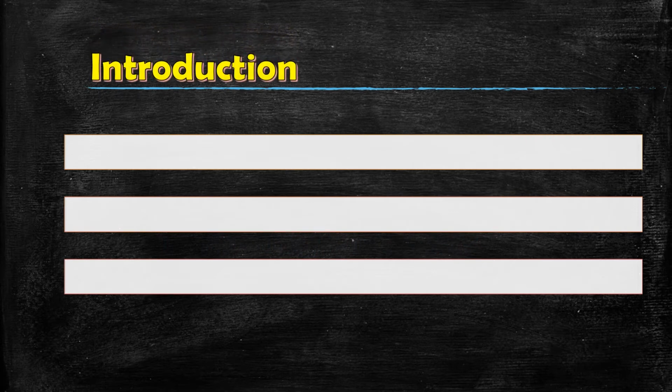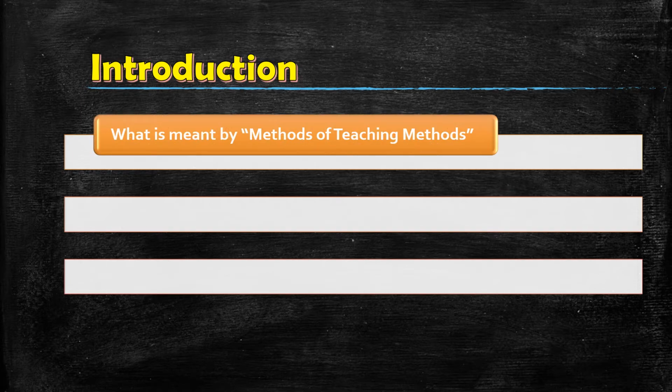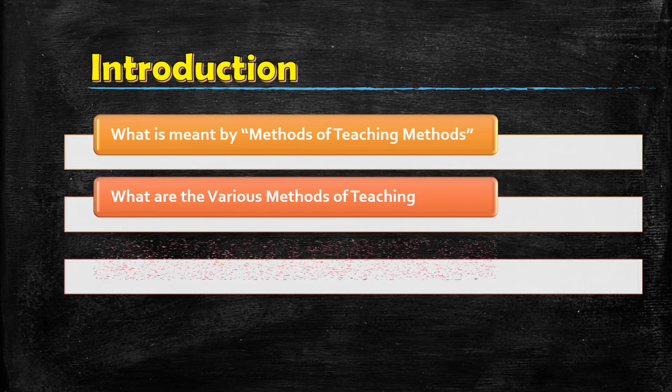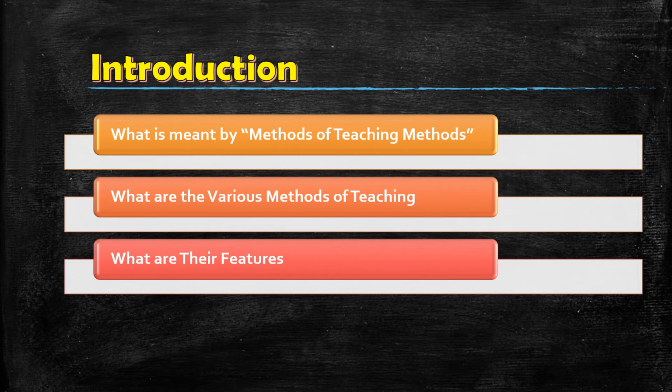The structure of the lesson is introduction, the methods of teaching, what does it mean by, and the various methods of teaching and their characteristics, methods of teaching in Sunday school, and with a conclusion, we will end the class.